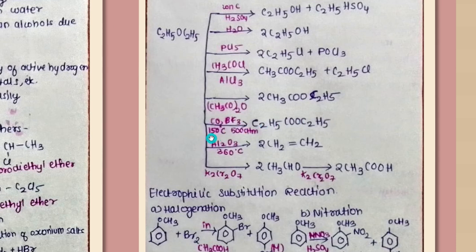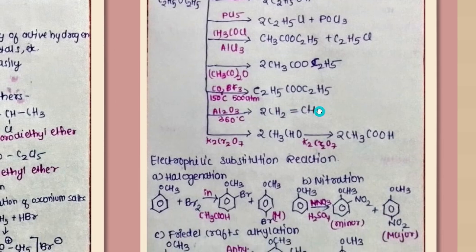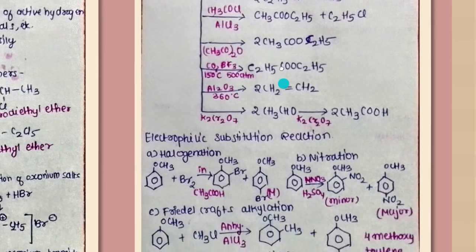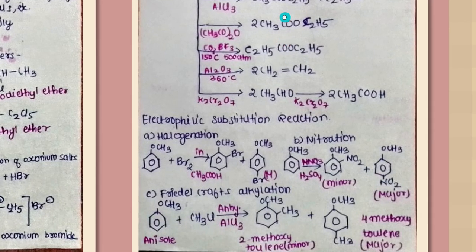Next, reacting diethyl ether with Al2O3 at 360 degrees Celsius, I will get 2 moles of ethene.